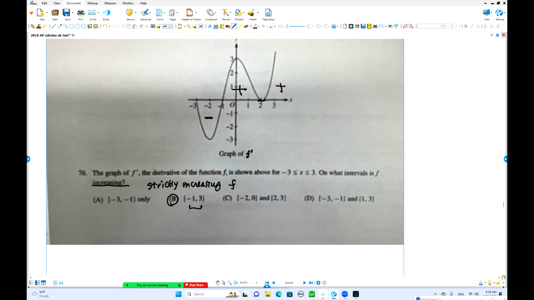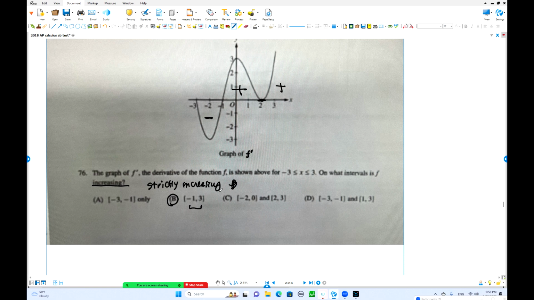actually, we eliminate this, okay? Strictly increasing means the answer is now this. Sometimes we don't include the bracket, but sometimes including the endpoint, it doesn't matter, okay? Anyway, we're going to find the best answer, so you can use this one.